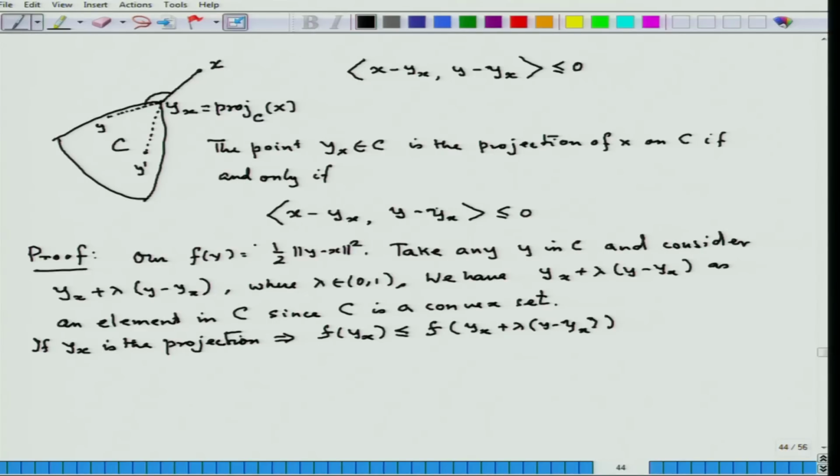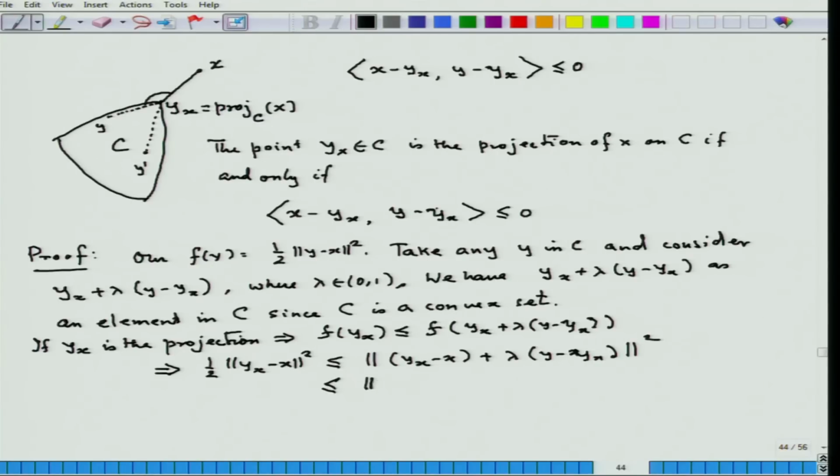Now, writing this down in functional form, this would give me half of norm y x minus x whole squared is less than or equal to half of norm y x minus x plus lambda times y minus y x whole squared.